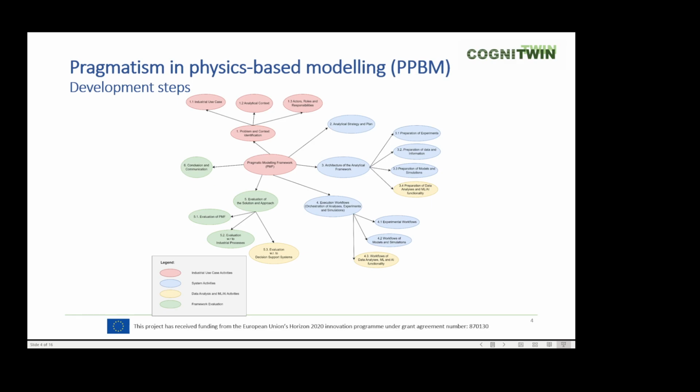We have also a part 4 which follows after part 3, which is about execution workflows. Here we orchestrate the analysis, simulations, and experiments. Experiments in this context may be both physical experiments done as a part of the model development, or numerical experiments, or actually data that we are going to request from the process.